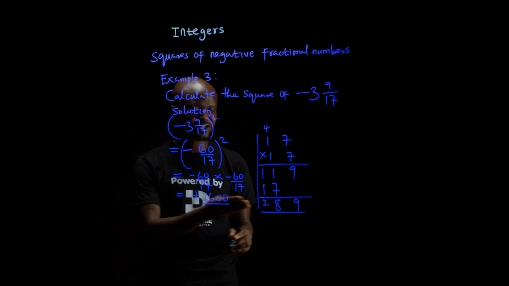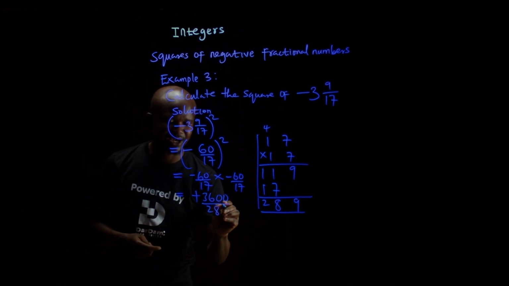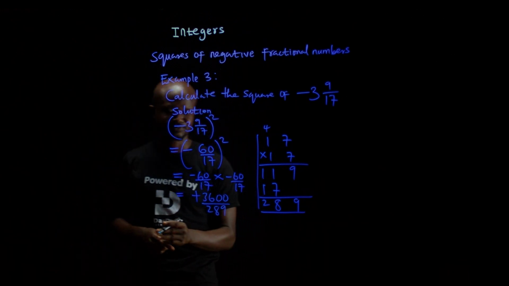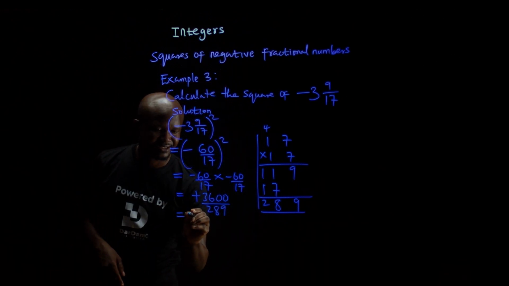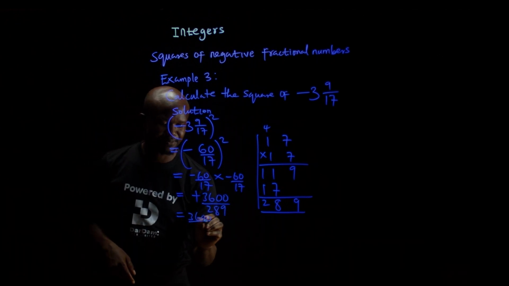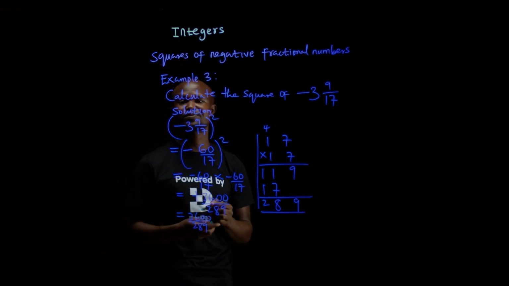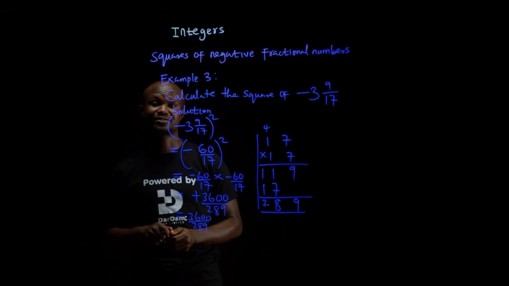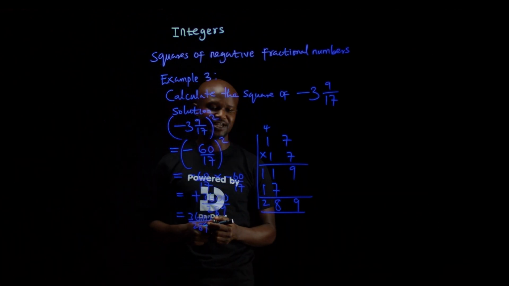Divided by 289, which is the value for 17 times 17. So this is 3,600 divided by 289. Now we need to express our answer in form of a mixed number as our final answer.